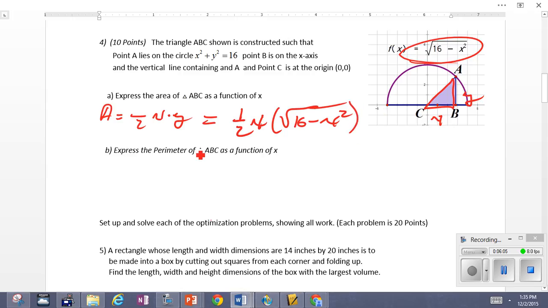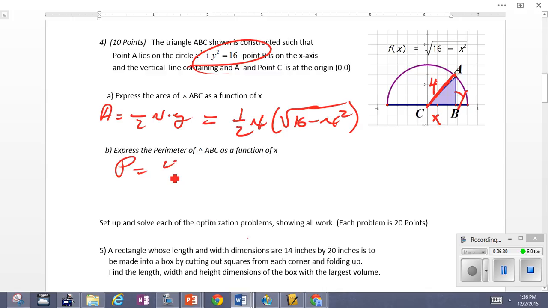Now it says write an expression for the perimeter. Of course, the perimeter is the sum of the three sides. Okay, one side is x, right? One side is x, the other side is y, and the other side belongs to the radius of this circle, synonymous with the hypotenuse, which is going to be 4 because it says so.